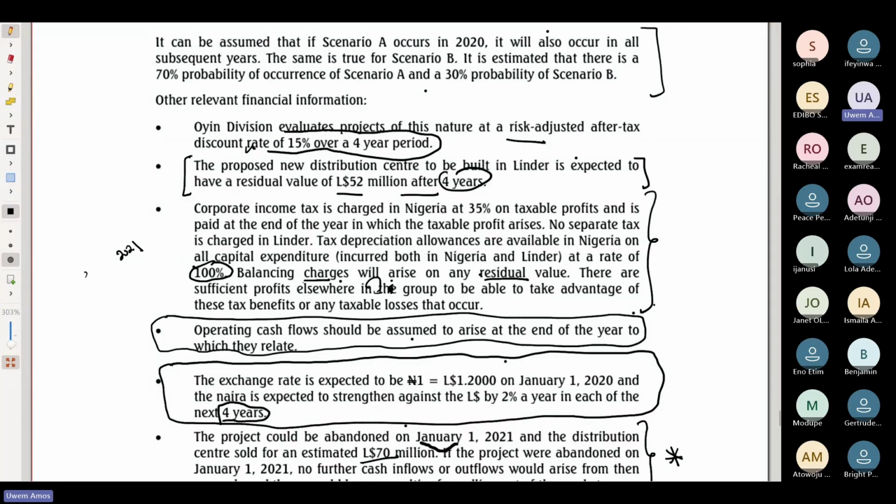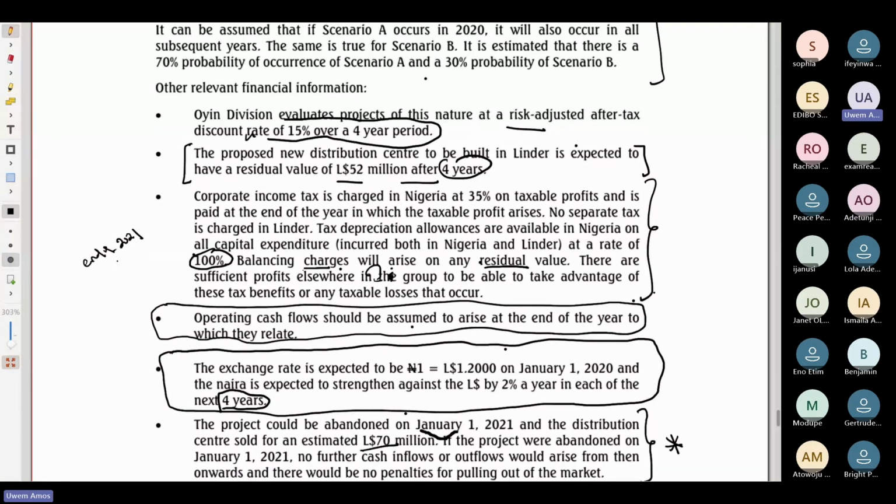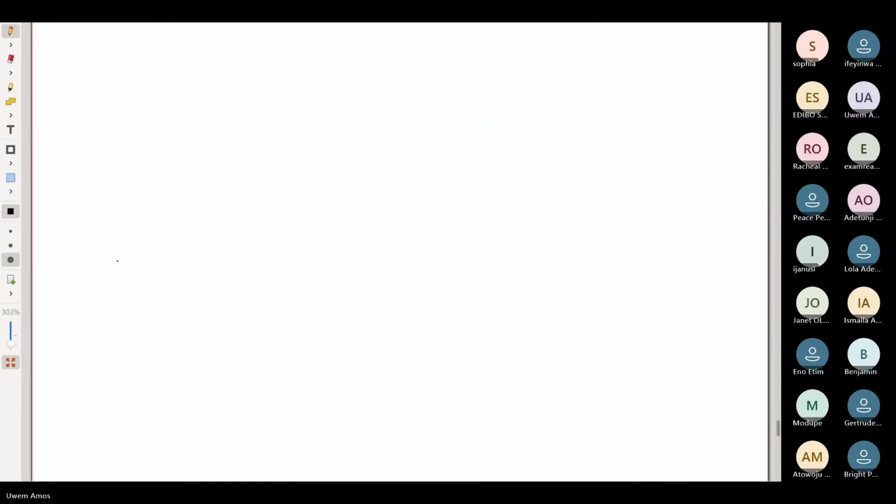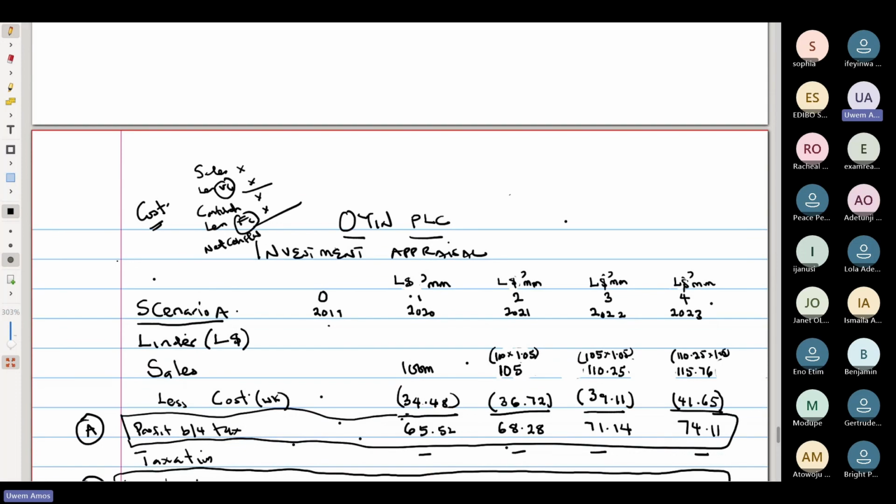So at the end of our year 1, under that appraisal, at the end of 2021.